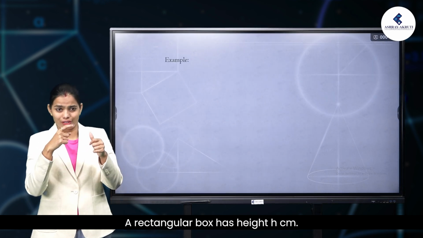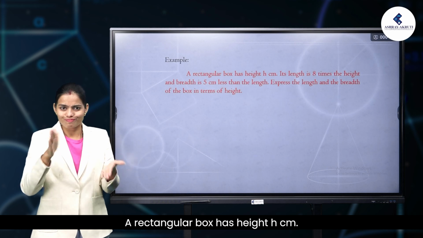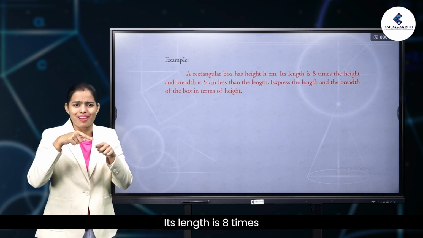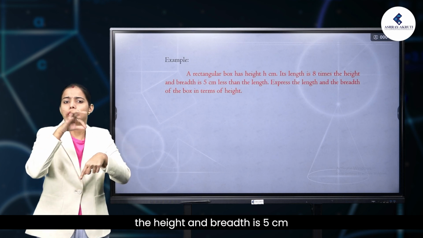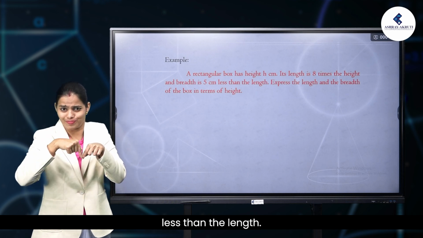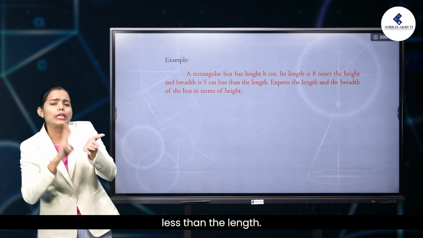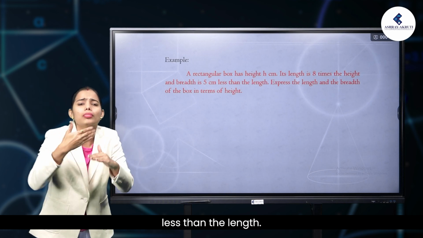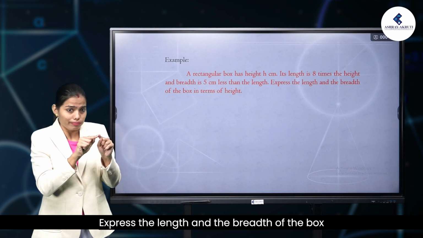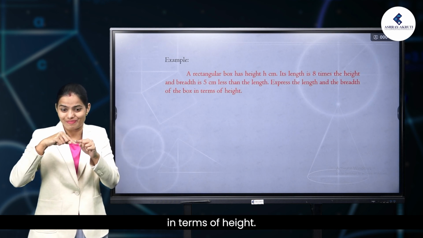Example: a rectangular box has height 8 cm. Its length is 8 times the height and breadth is 5 cm less than the length. Express the length and the breadth of the box in terms of height.